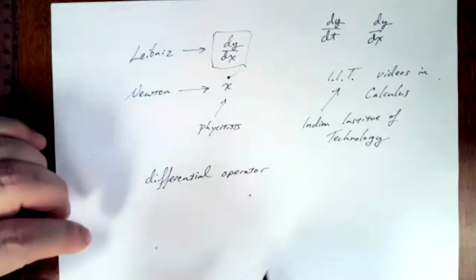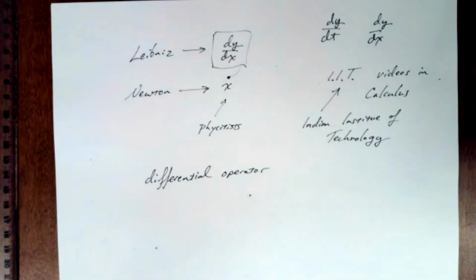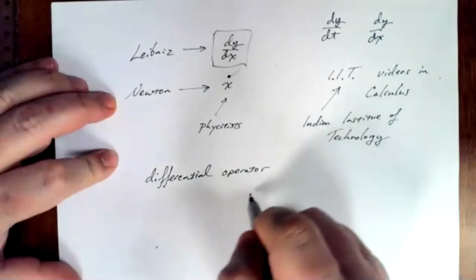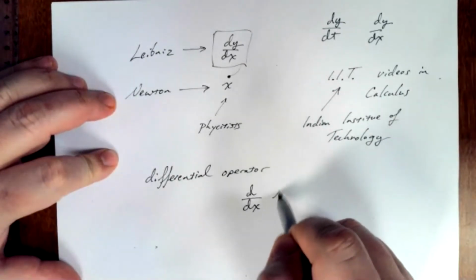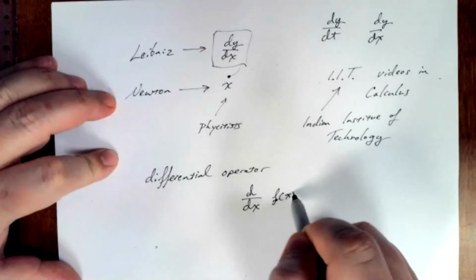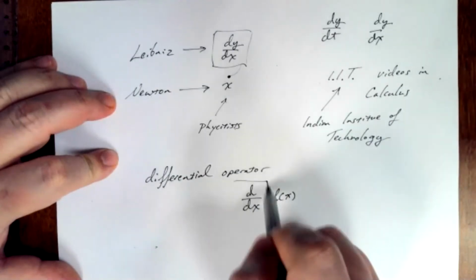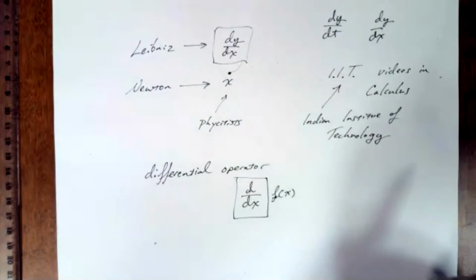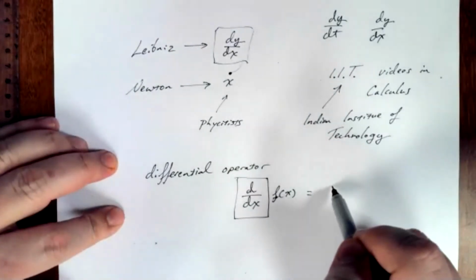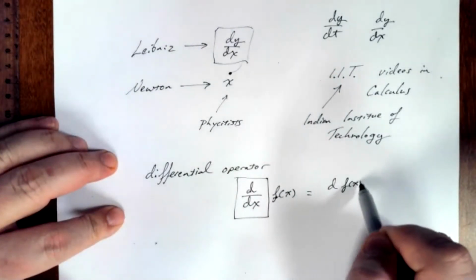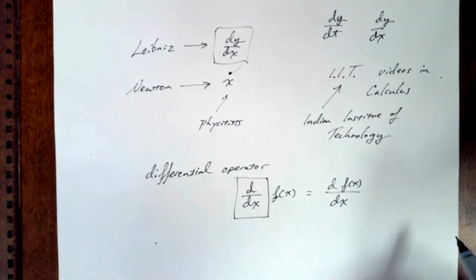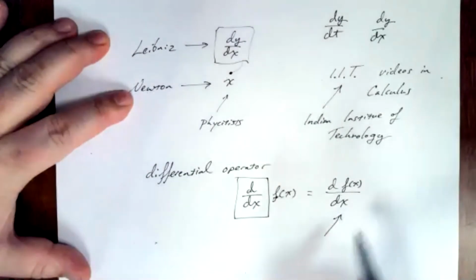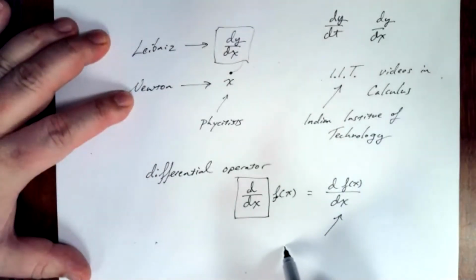But we have what is called the differential operator. And the differential operator is this, and it's being treated on this. So what this is saying is the derivative of f of x with respect to x. So let me just put that in there. This is how you would say it.